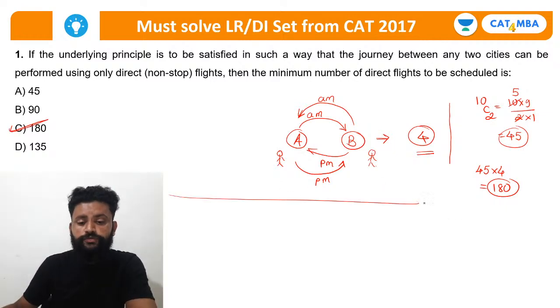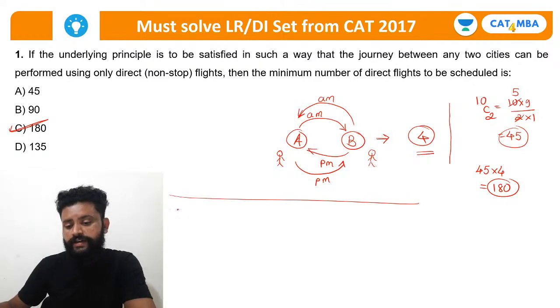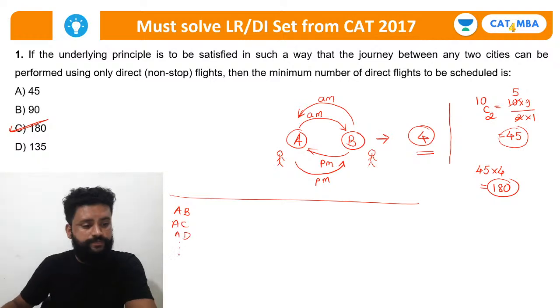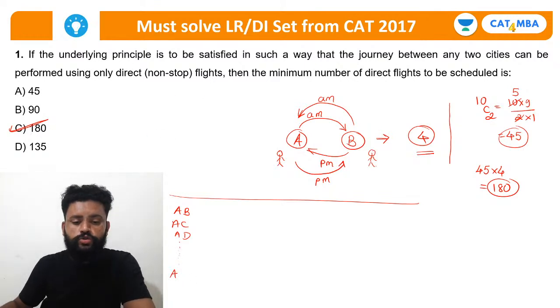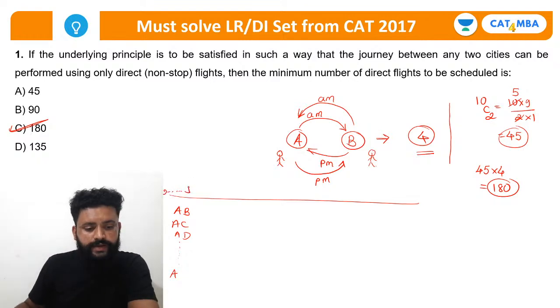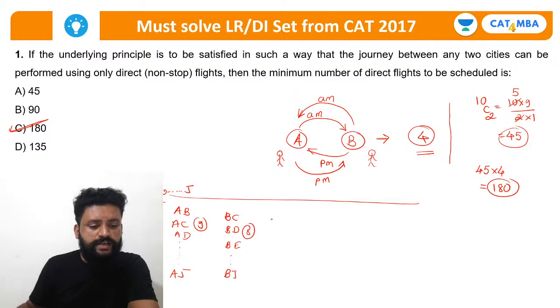Those who don't know what is permutation combination, what you can do is, let's say there are 10 cities. Let's call them A, B, C, D, E, F, G, H, I, J. So AB, AC, up to AJ, these are the 9 combinations. Then we can go for B. BA is already done. You can start from BC, BD till BJ. You'll have 8 combinations.